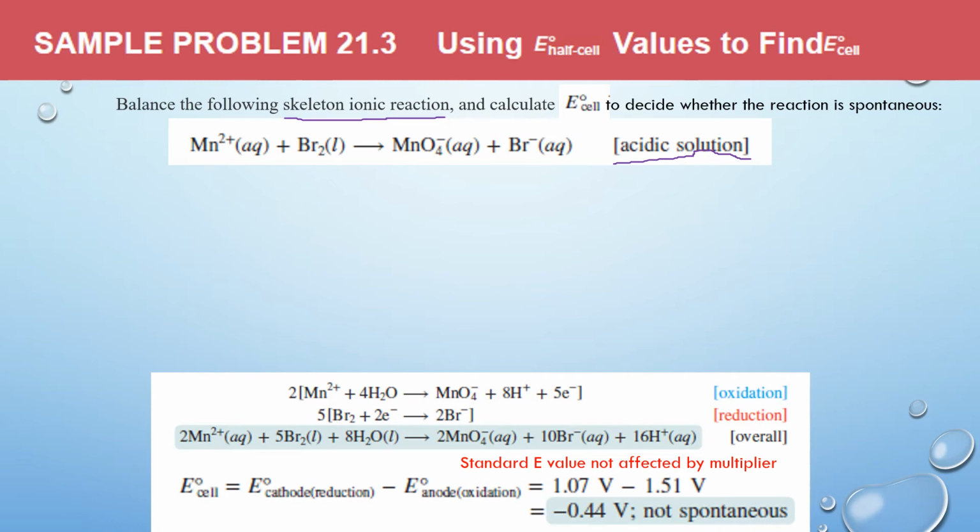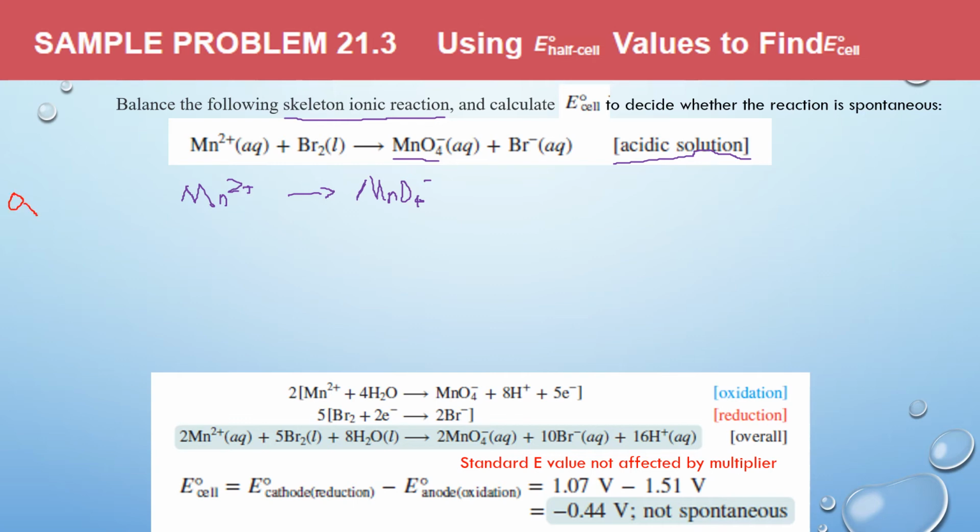First we have to find the redox pairs. For oxidation, manganese is +2 here, and in permanganate it is +7. So this is where the oxidation happens. Here we have the same number of manganese, but we don't have the same number of oxygen.